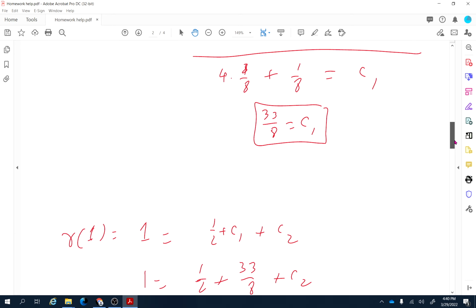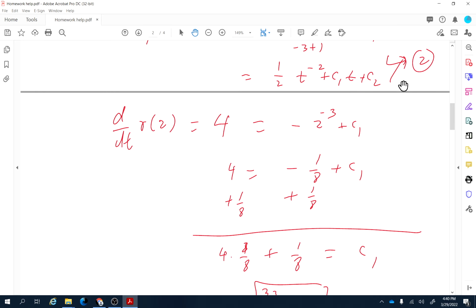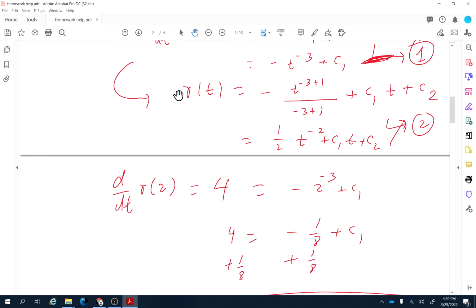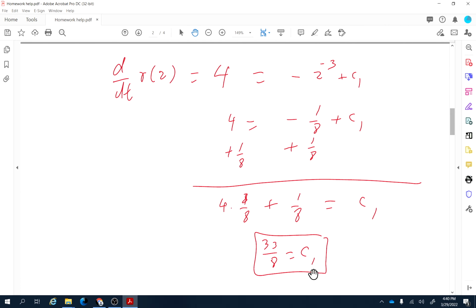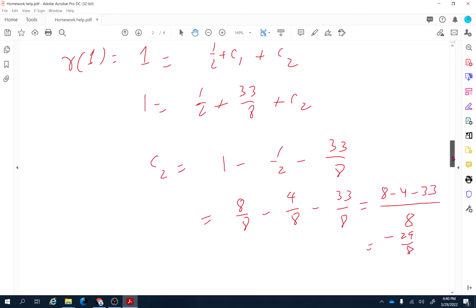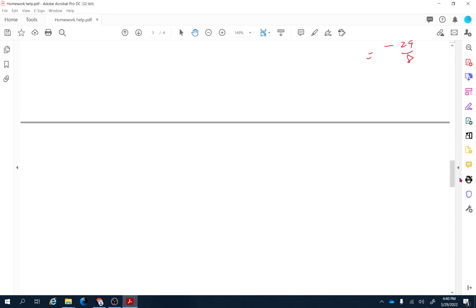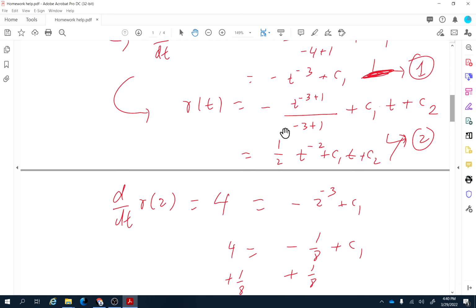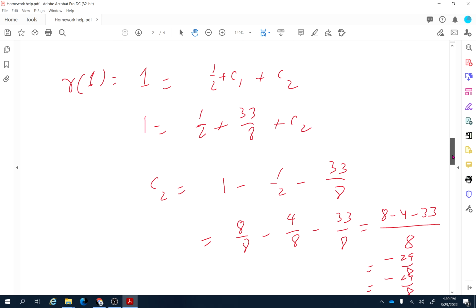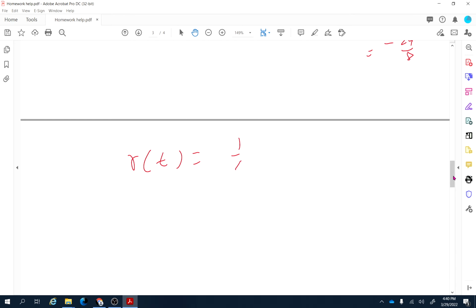So now if you go back to equation 2, you have the value of r, and you know the values of c1 and c2. Just replace c1 and c2 by 33 over 8 and negative 29 over 8. So r of t, if you go back to equation 2, is 1 over 2 t to the power negative 2 plus c1t plus c2.